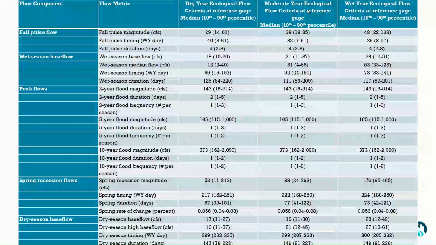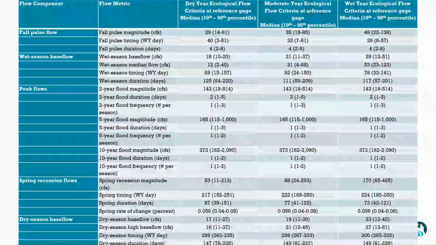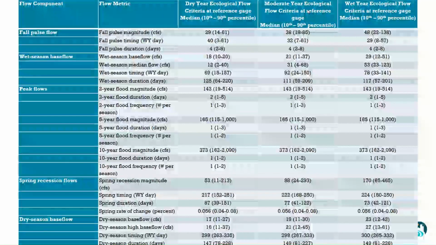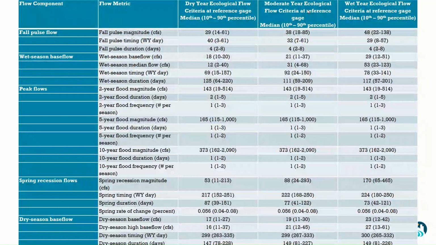Sometimes it's lower, sometimes it's higher. It just depends on the year type, and bringing that variability back into the system in a managed way was important. So every number has some wiggle room, and that gives us flexibility to then tie management to actual hydrologic conditions. And to me, that is the key of this program.